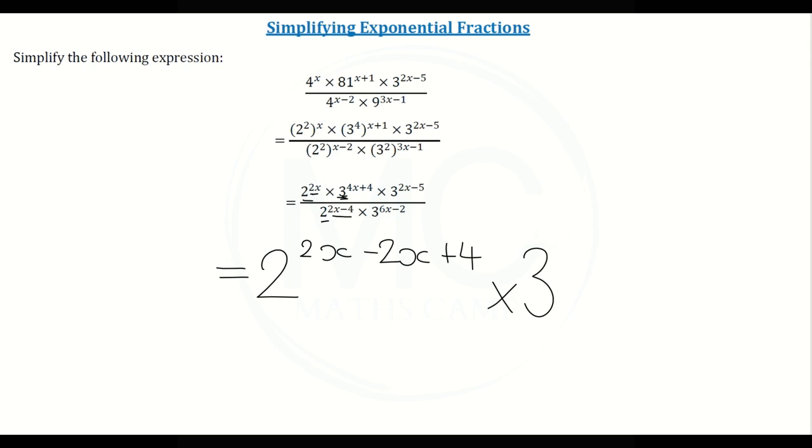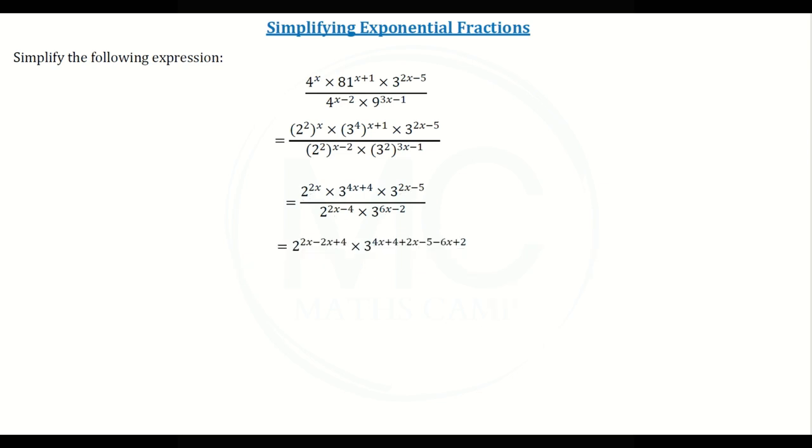We have 4x plus 4. I can say 4x plus 4. Then we're multiplying by 3 to the power of 2x minus 5. So we can add these exponents, plus 2x minus 5. Then we're dividing by 3 to the power of 6x minus 2. So we're going to subtract these exponents. And we say minus 6x minus negative 2, which becomes plus 2. I'm going to write it over here.